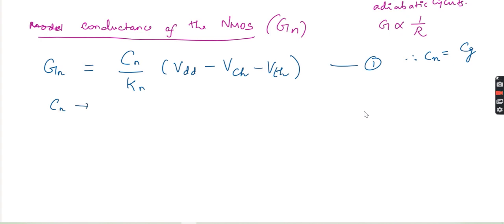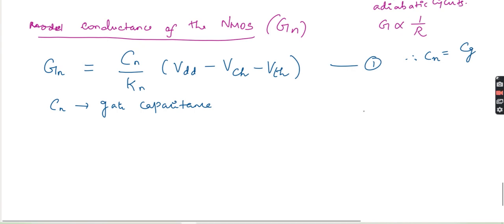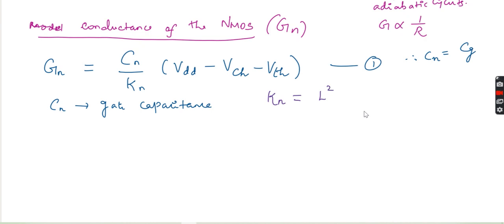We also need to know what Kn is, where Kn is equal to L square by mu n.